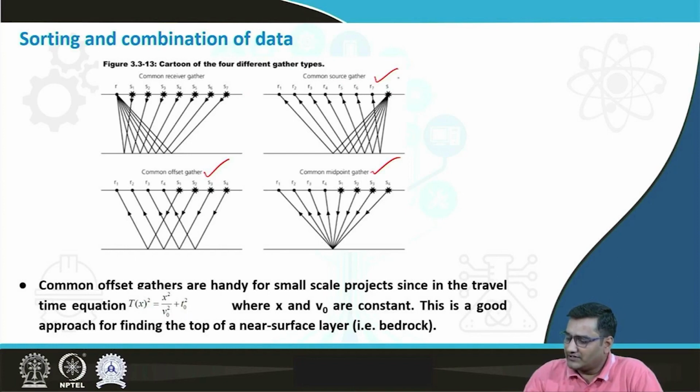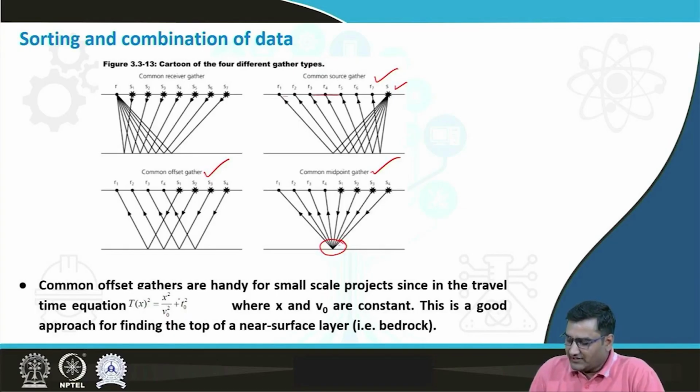In the common source gather, the source is one and the receivers are multiple. In the common offset gather, the source-receiver offset is the same each time, and in the common midpoint gather, the sampling point or the midpoint is the same.